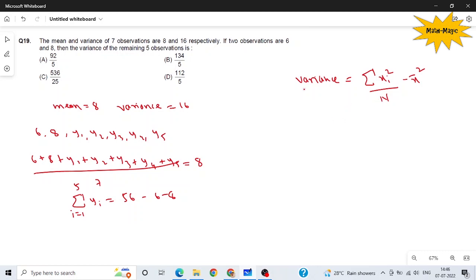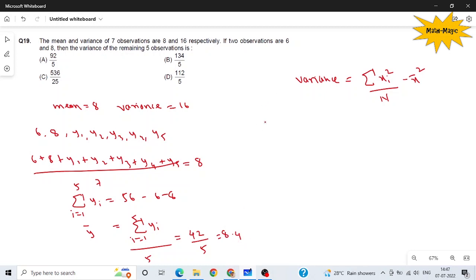So we require y bar, the average of yi, to calculate the variance of y. Dividing the summation by 5, we get 42 upon 5, which is 8.4.